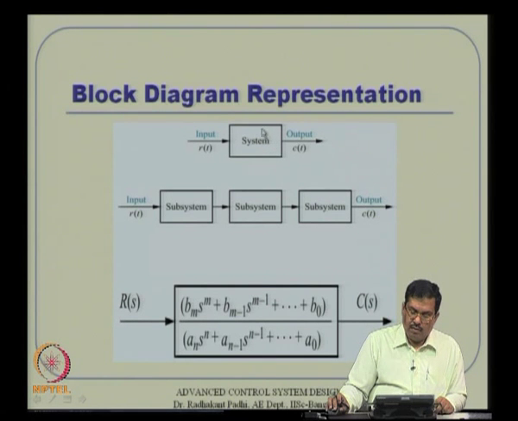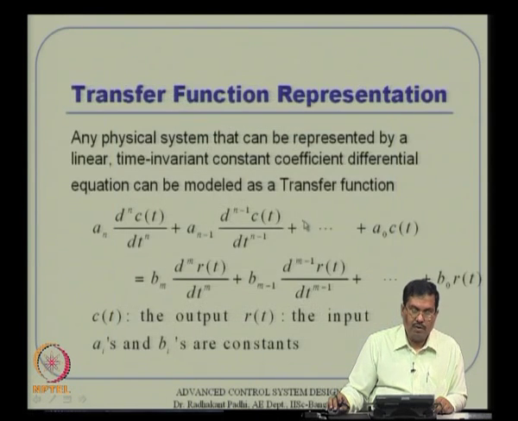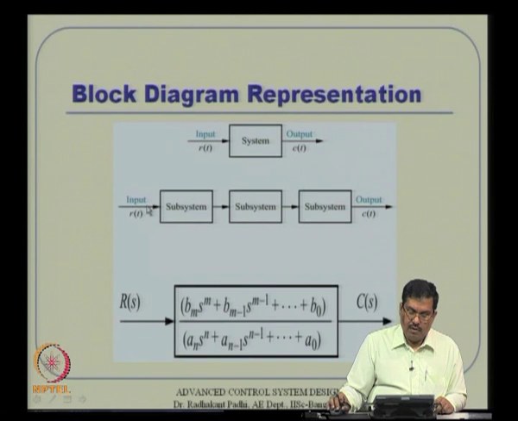This system need not be one single unit. There can be connected subsystems inside this system, subsystems 1, 2, 3, and many subsystems, not necessarily connected in a serial way. They can also be connected in a parallel way and things like that. Essentially, what you are interested in is a relationship between input and output.